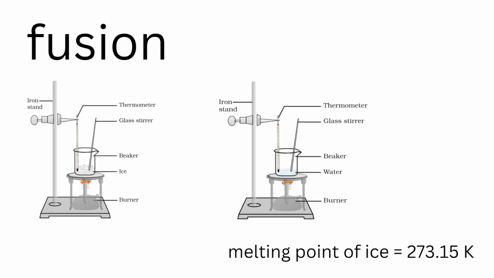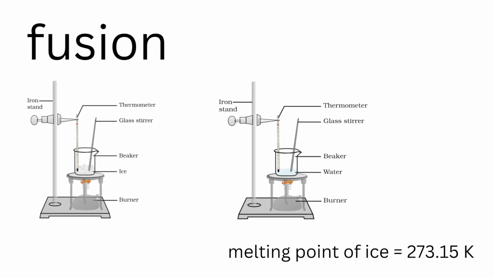Now, one more definition is fusion. The process of converting solid into liquid by applying heat is what we call fusion, right? In this example, we saw that we are heating ice and it becomes liquid, it becomes water, and this process is what we call fusion. And the melting point of ice is 273.15 Kelvin.